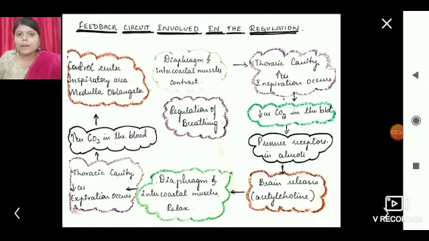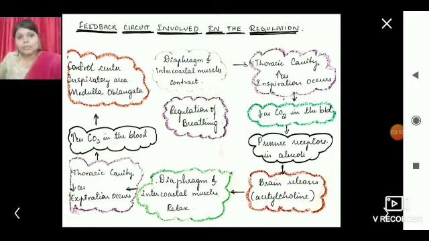Here, if carbon dioxide is increased in the blood, it gives signals to the medulla oblongata that expiration or inspiration needs to occur, so that lots of oxygen molecules come inside our body.